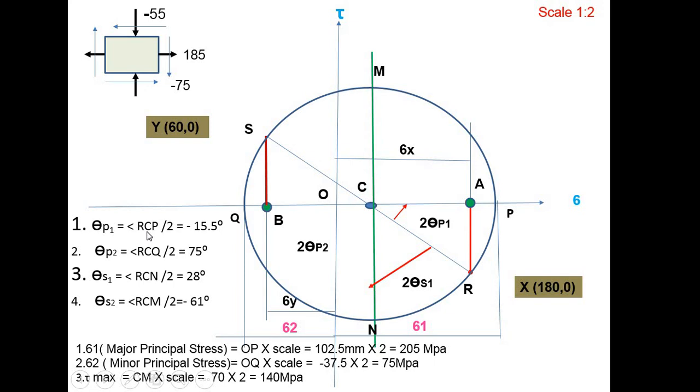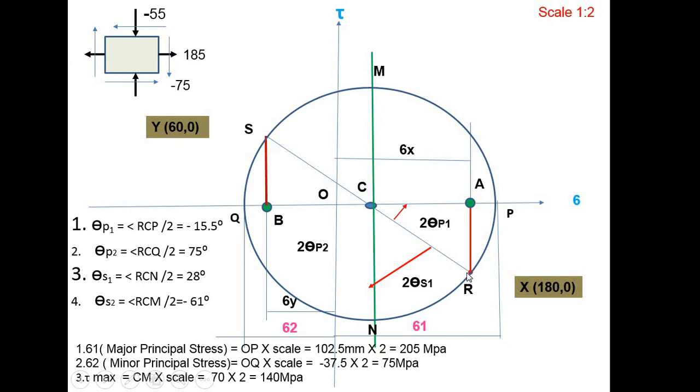Now the location of the major principal plane and minor principal plane. Theta P1 is the angle RCP. We measure this from the reference plane, but in an anticlockwise direction. For anticlockwise direction we take a negative sign.